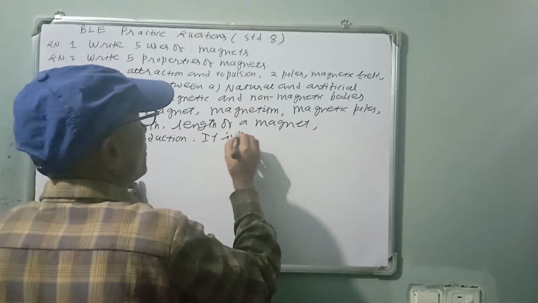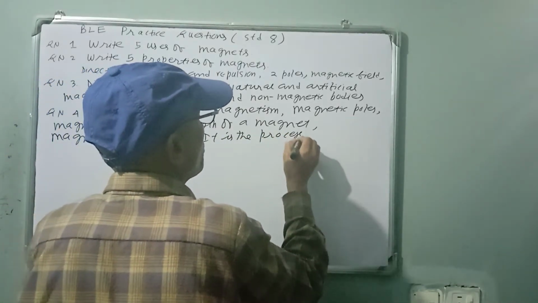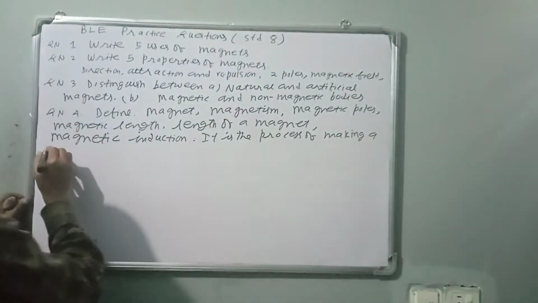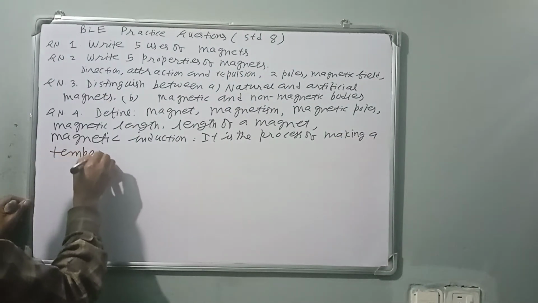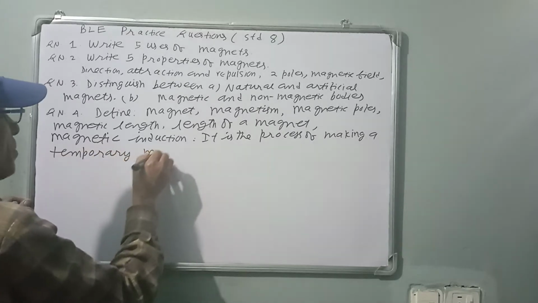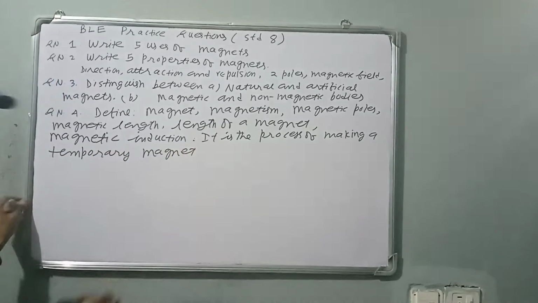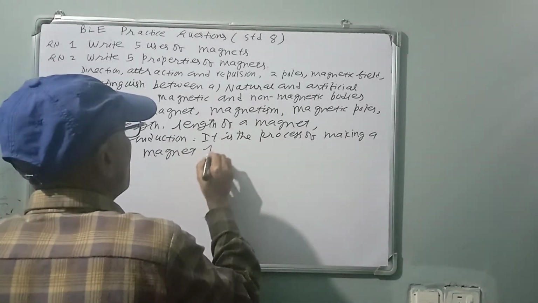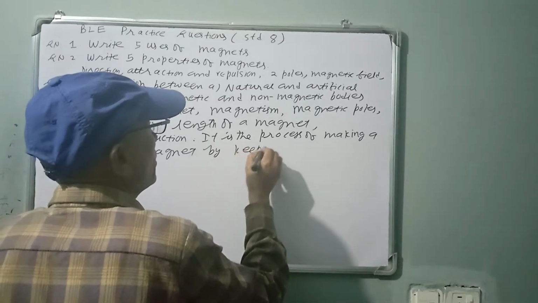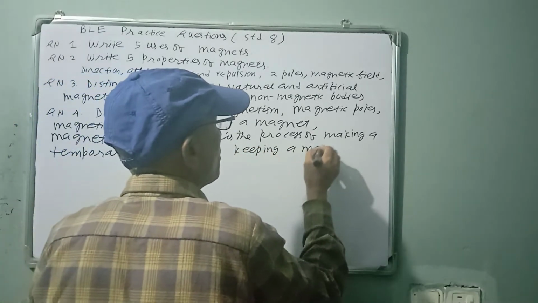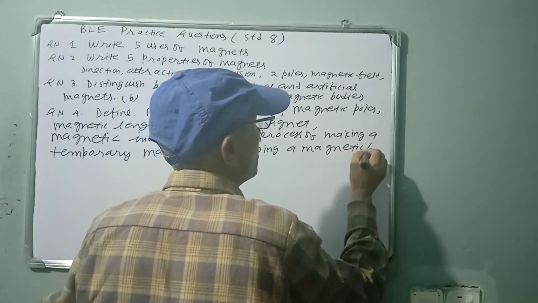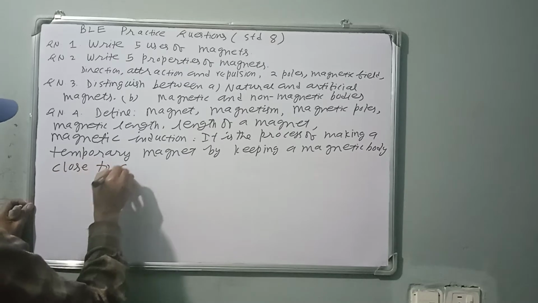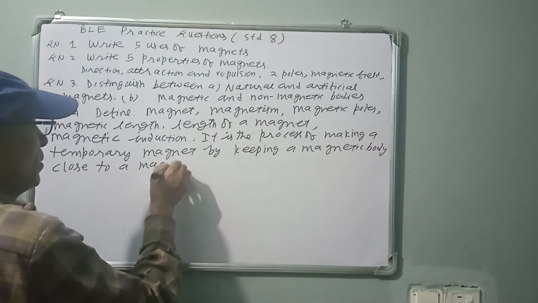It is the process of making a temporary magnet by keeping a magnetic body close to a magnet.